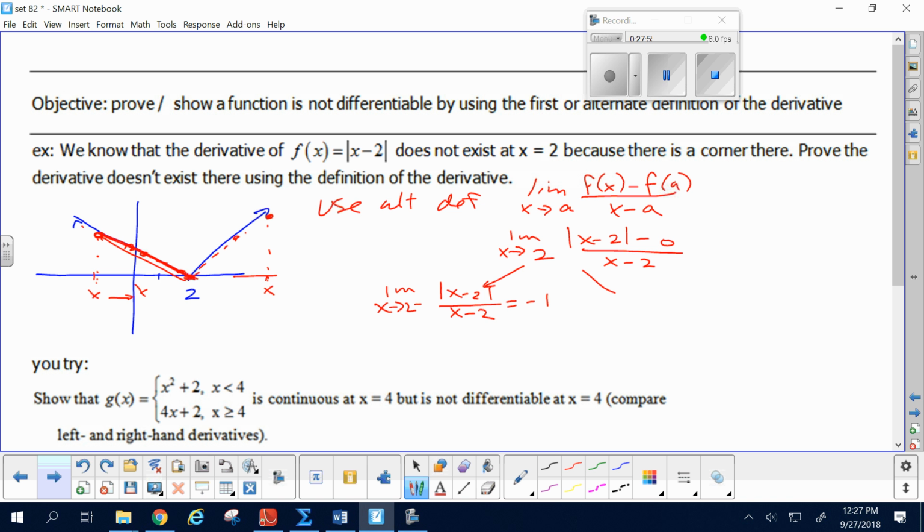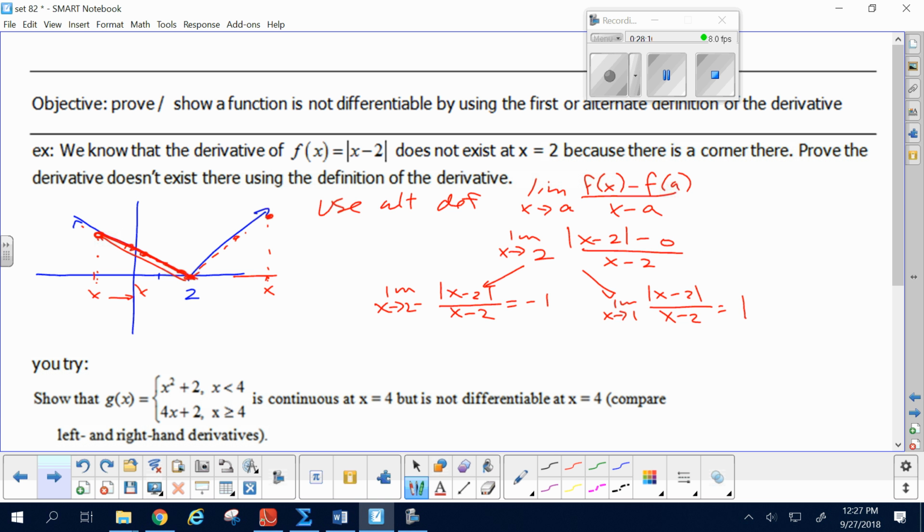On the right-hand side, though, the limit as x goes to 2 from above, say 2.1. 2.1 minus 2 is 0.1 over 0.1, and that is positive 1 on the right-hand side. When you're above 2, the absolute value doesn't do anything.